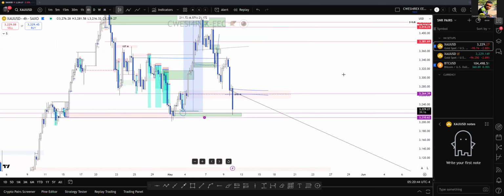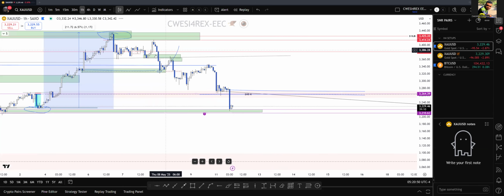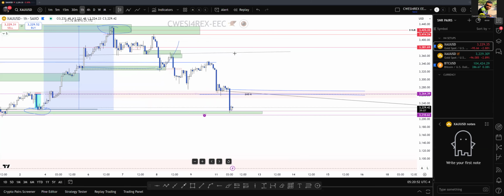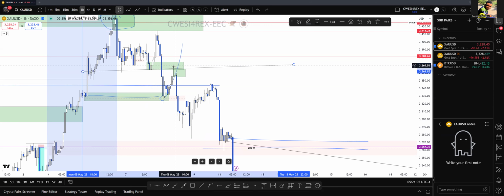So, let's assume that we have an H1 engulf over here. Let's say you're not a high risk entry taker. You want a confirmation before taking your entry. You have your H4 trend line over here, price mitigated, and this trend line closed above it.